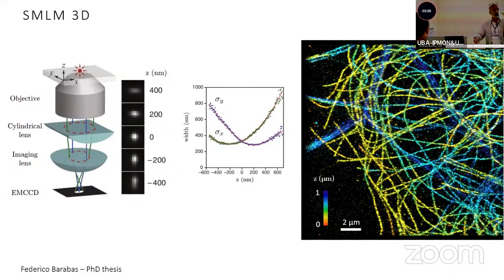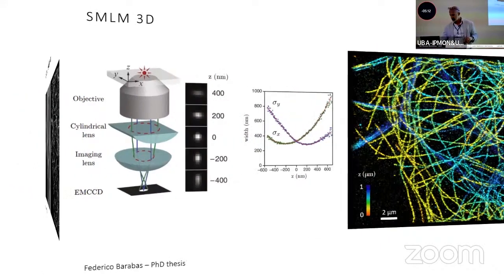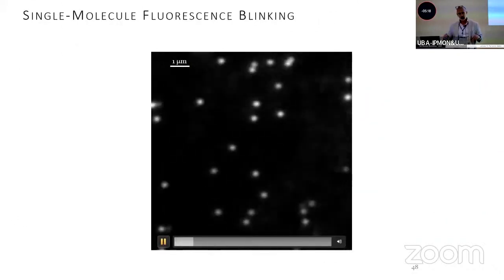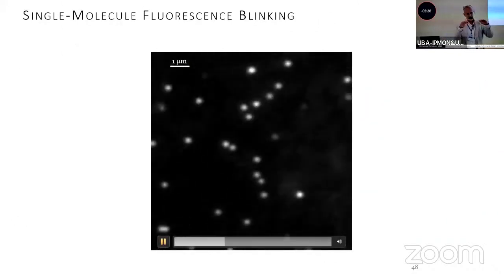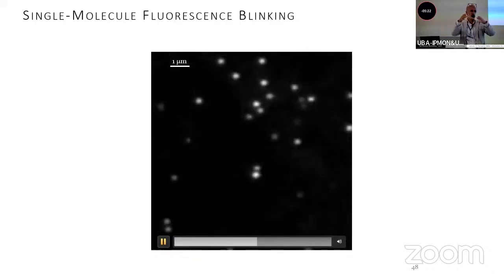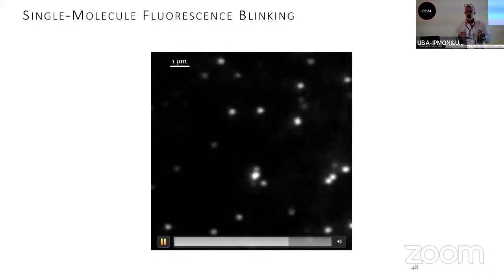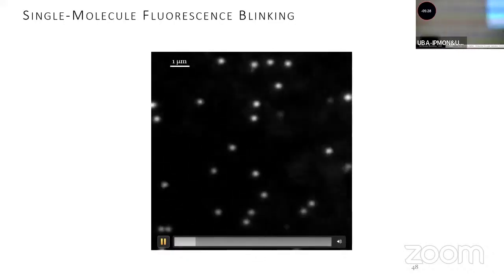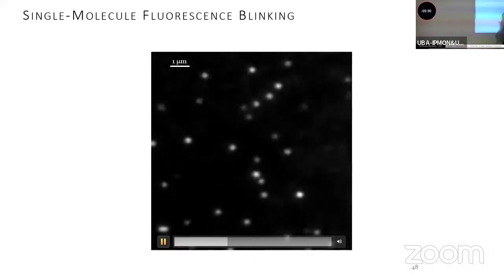Normally, when you analyze your data, you get signals. You're looking at one plane. If a molecule is out of plane, it will look broader. When you analyze these frames, frame by frame, you will choose one of these dots and make a fit.